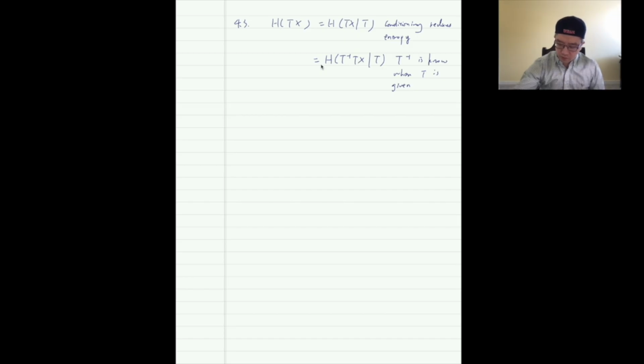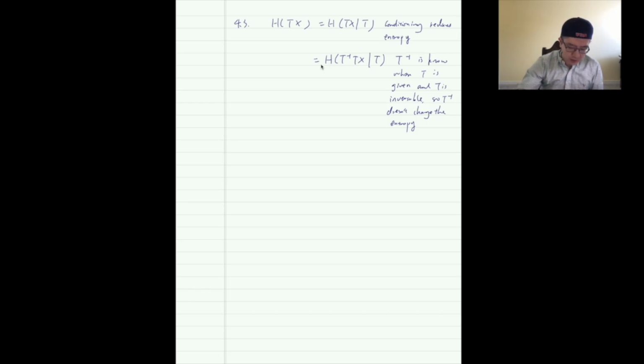It's invertible when T is given, and T is invertible. Therefore, T inverse doesn't change the entropy, right? Okay, we know that, and then we can actually do the inverse, right? The inverse exists, therefore it doesn't change the entropy.